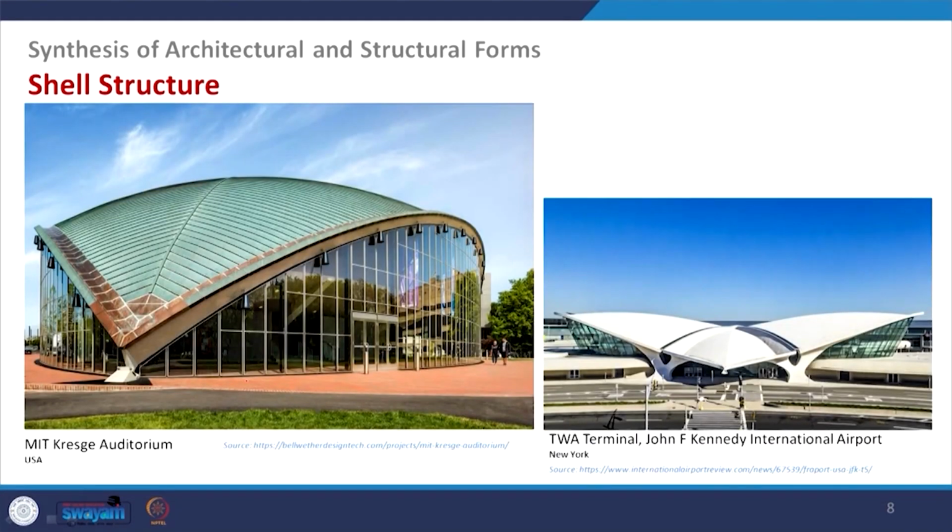Here we take another two. This is one auditorium in MIT, and this is the TWA terminal, which we gave as an example some time back, and at that time we took it as a form like a flying bird or something, but here we are taking this structural element which is very thin, made of concrete, creating the shell structures. So, they are being supported somewhere and it can create it.